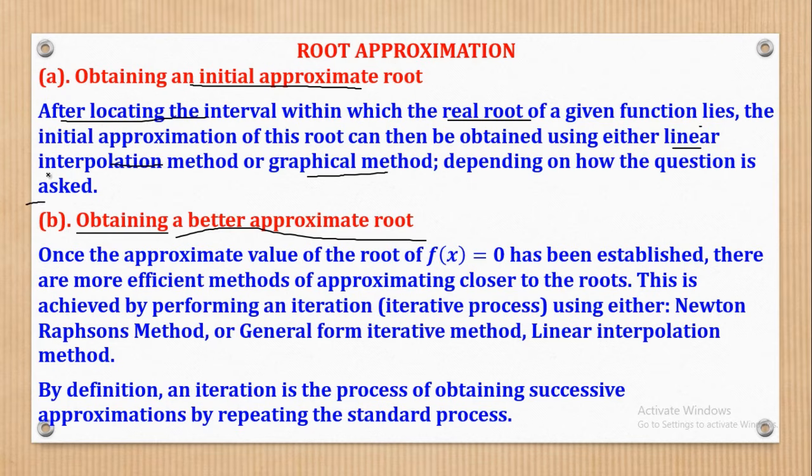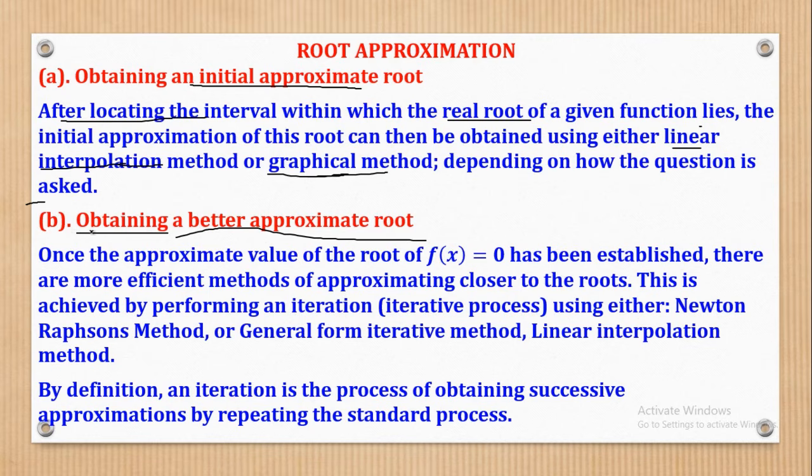Sometimes the question will say using linear interpolation find the initial approximation, or using graphical method find the initial approximation, or the question will be left open, whereby they don't state which method to use. So we shall see all those 3 parts: one where they specify linear interpolation, another where they specify graphical method, and another where they don't specify. When they don't specify, what do you do? We shall see all that.